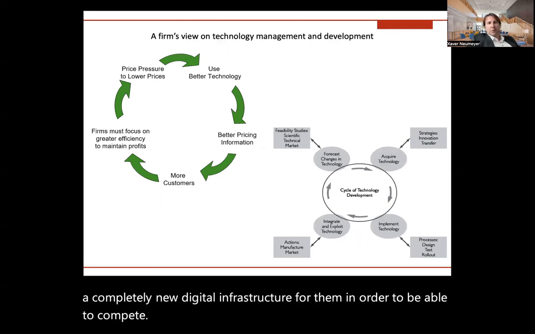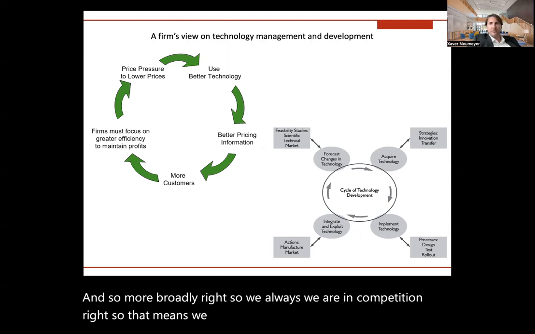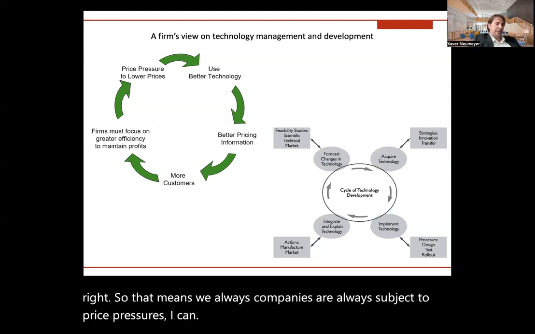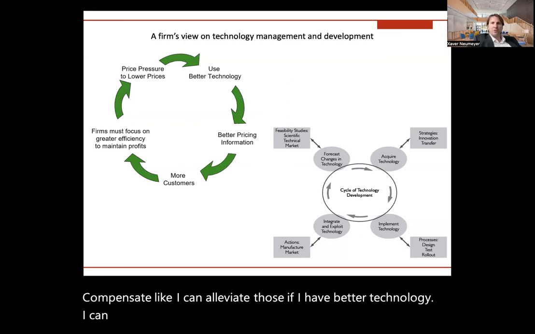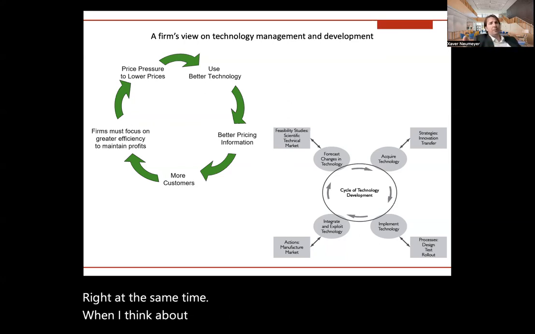And so more broadly, right? We are in competition, right? So that means companies are always subject to price pressures. I can alleviate those if I have better technology. I can reach out to more customers, improve my pricing, etc., etc. At the same time, when I think about, okay, how do I rebuild my company, right?